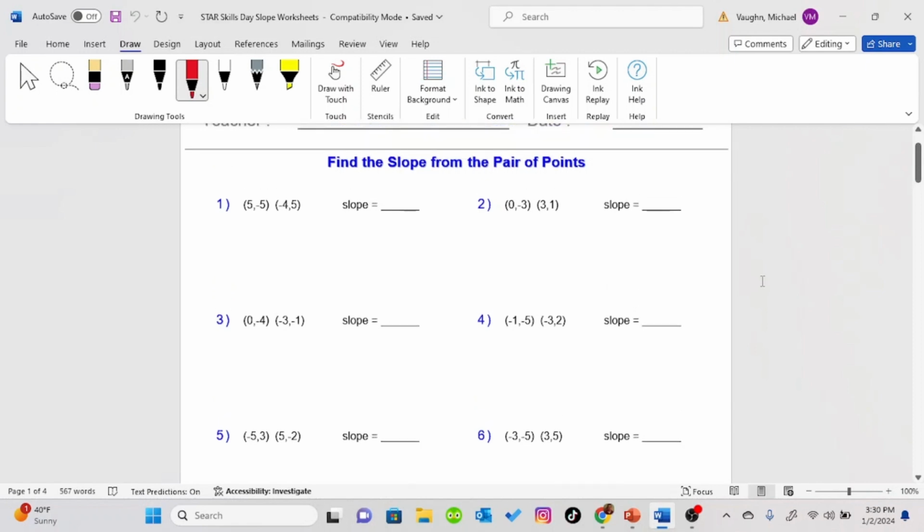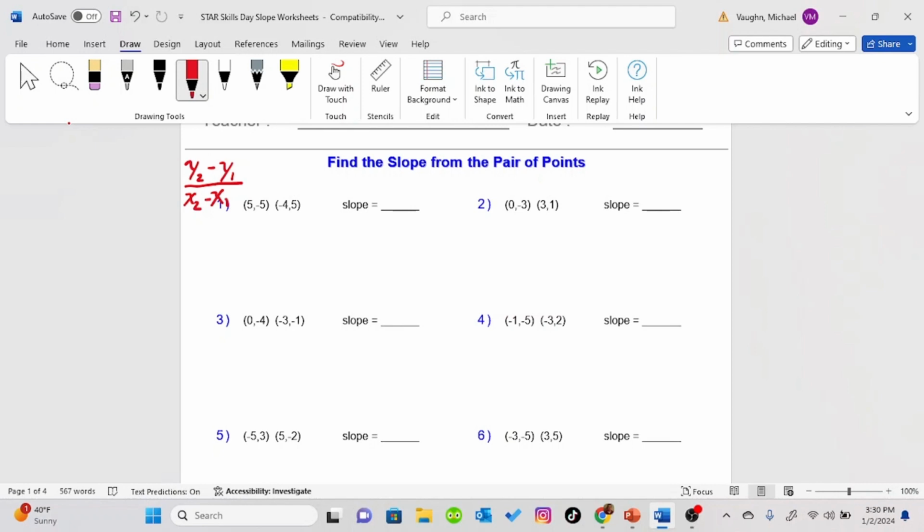And when you're doing this, we're going to use y sub 2 minus y sub 1 over x sub 2 minus x sub 1. And all that means is we're going to take the second y and we're going to subtract the first y from it. And we're going to take the second x and we're going to subtract the first x from it.